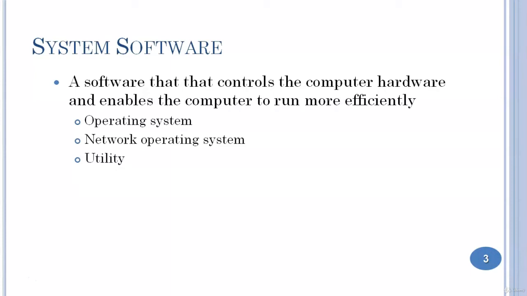A software that controls the computer hardware and enables the computer to run more efficiently is called system software. Now there are three main types of system software. Number one, operating system. Number two, network operating system. And number three, utility software.